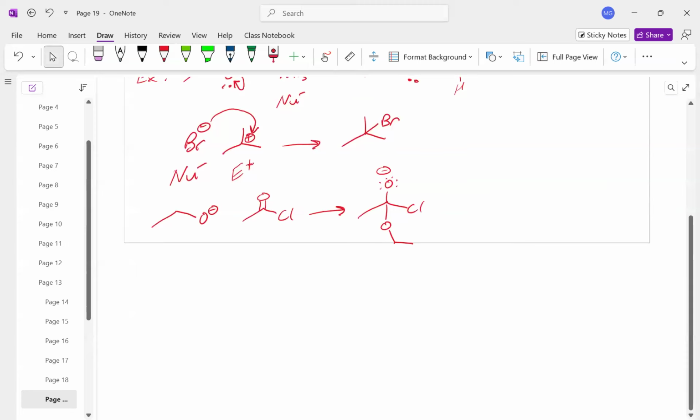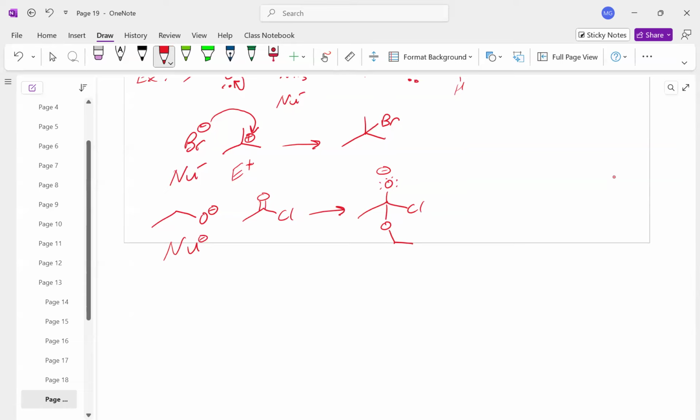Okay, so now that you've done that, let's identify, first of all, what is the nucleophile in this reaction? Well, I have something here that's got a full negative charge. Now, what's our electrophile here?